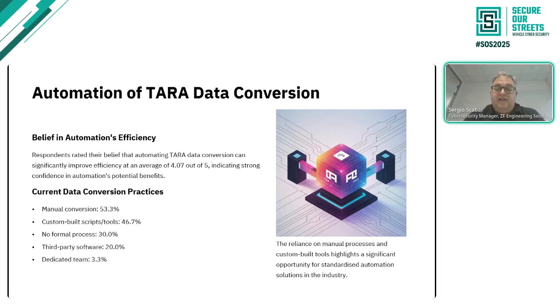Yet current practices are mostly manual: 53.3% with manual conversion, 46.7% with custom-built scripts or tools, 30% have no formal process, and 20% use third-party software, and dedicated teams are only used by 3.3%. The reliance on manual processes and custom-built tools highlights a significant opportunity for standardized automation solutions in the industry.